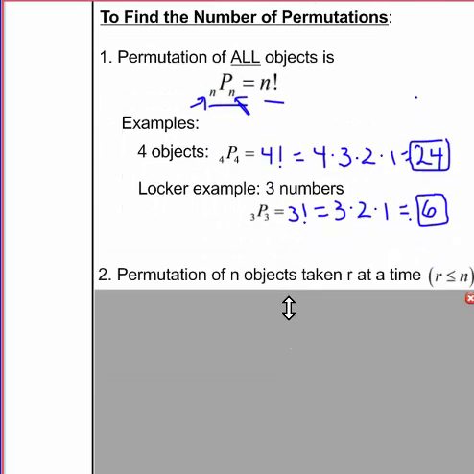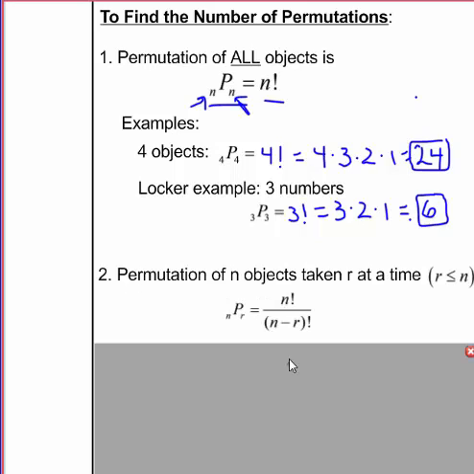So now we're going to take a look at doing a permutation where you have a total of n objects, but you are only selecting r of those objects. So r is another number, n is the total, and your number r should always be smaller than the number n.